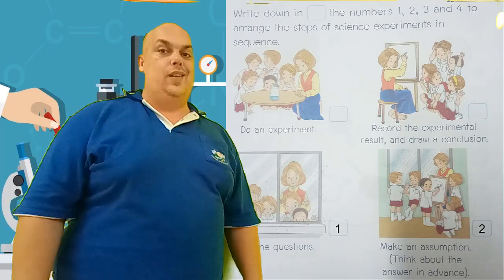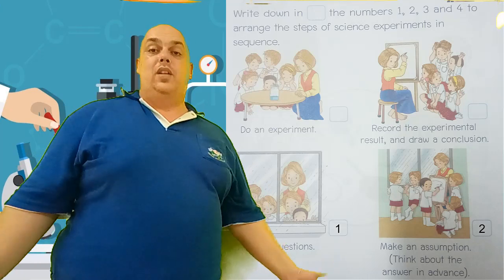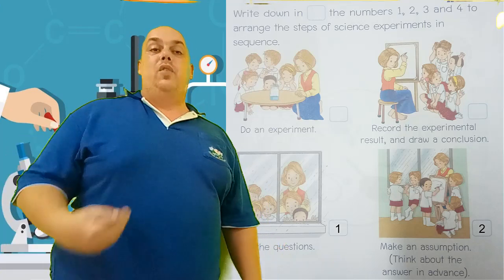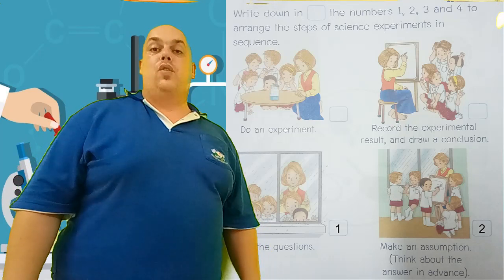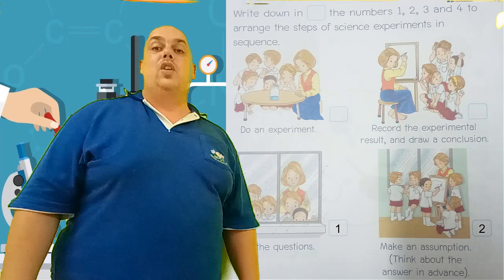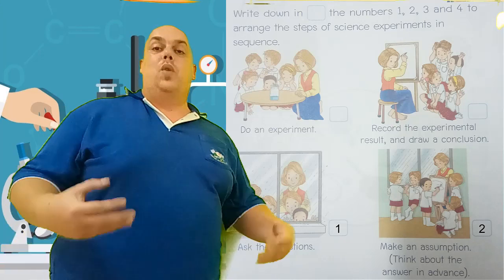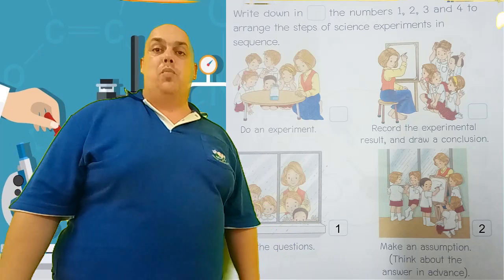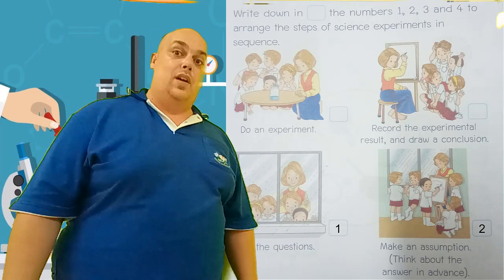All right, did you do it? Okay, good job. So the last one, number 4, is record the experimental results. Yeah, so you write down what the answer of your experiment was. Can you find it? It's at the top somewhere.